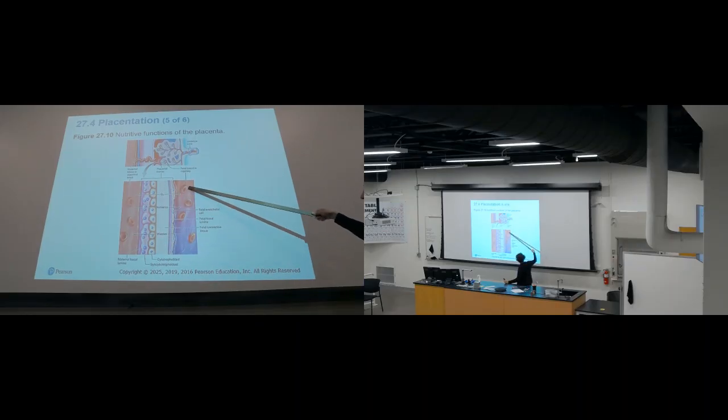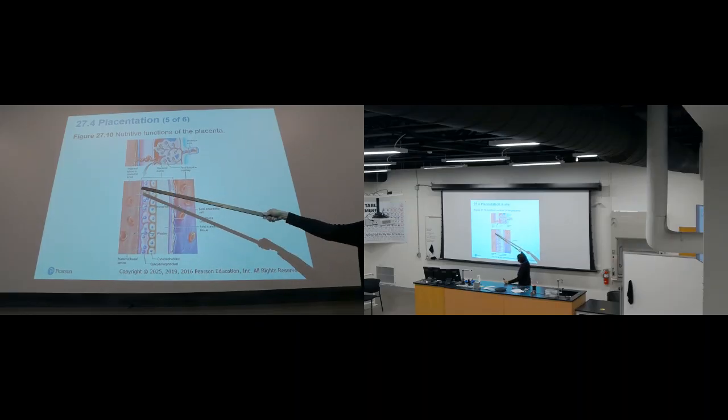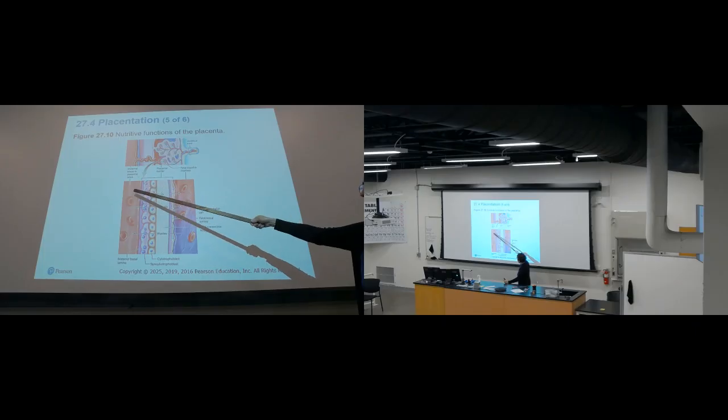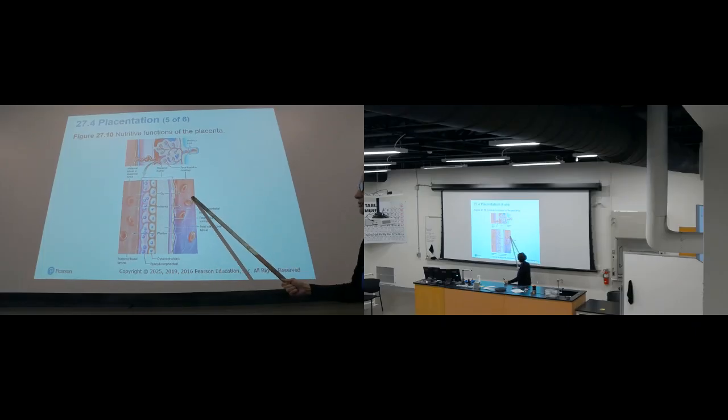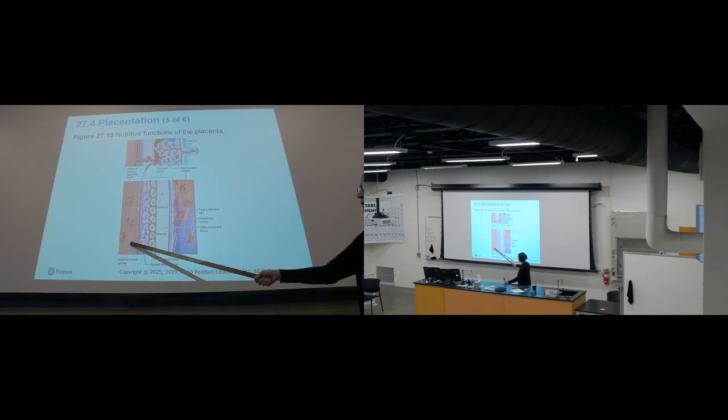This is the blood vessels of the baby. Oxygen diffuses from where you have higher concentration of oxygen, which is the maternal side, into the fetal side. Nutrients as well diffuse in this case, and the baby's accumulating wastes transfer into the mom. So this is a cytotrophoblast. This is a syncytiotrophoblast.